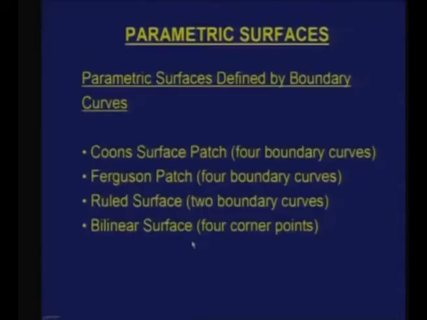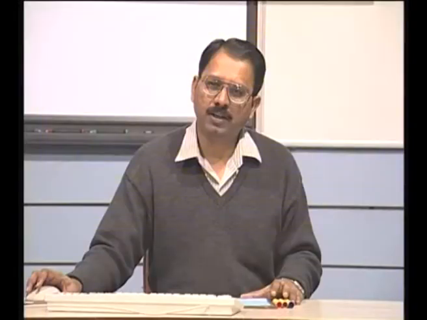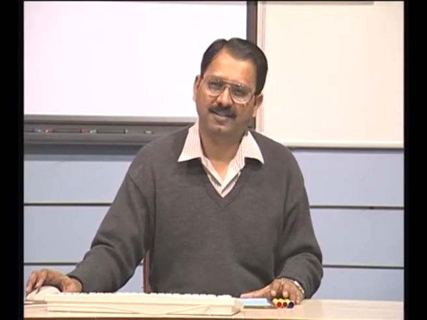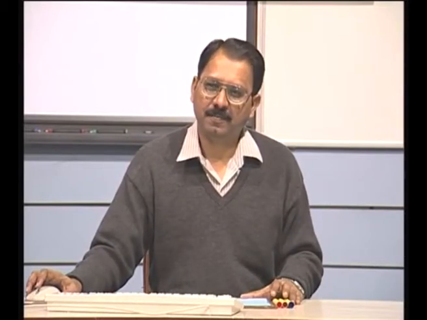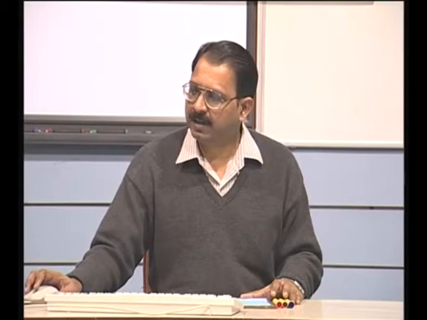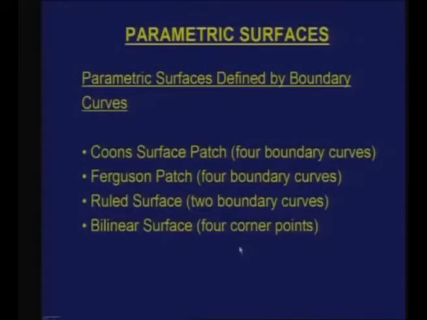Then a bilinear surface is basically a ruled surface where the 2 boundary curves are straight lines. The best way to define a bilinear surface is just by giving 4 points. Whenever I give 4 points, they may or may not be coplanar. If they are coplanar, then you get a plane. That is a simple equation.